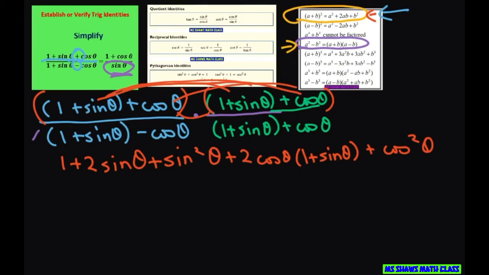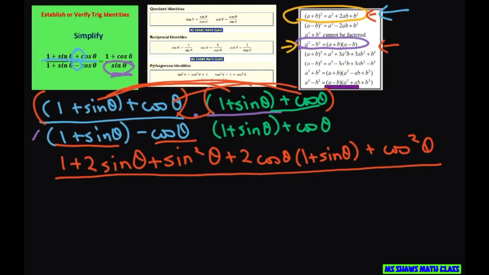Now the denominator, we're using this formula. So this is your A and this is your B. So it's this squared. So you have to square the A. So square that. Get 1 plus 2 sine squared of theta plus sine squared theta. And then minus a cosine squared of theta.